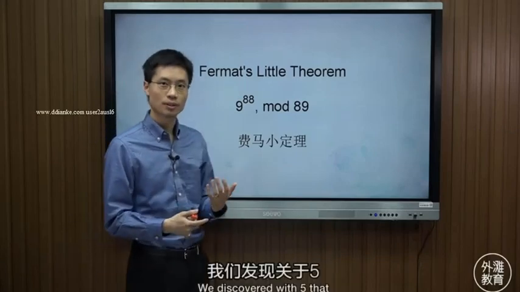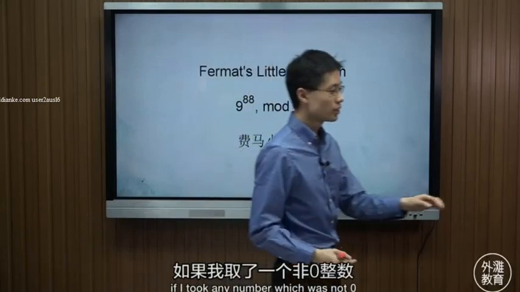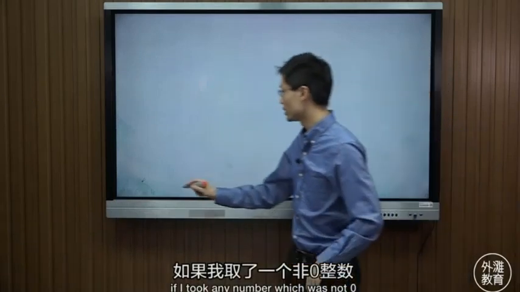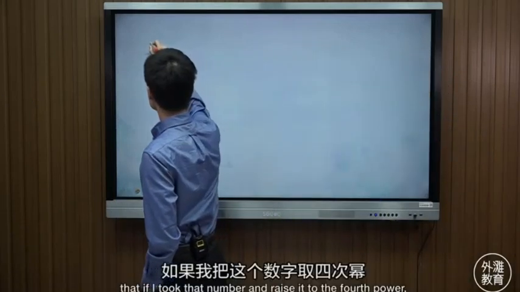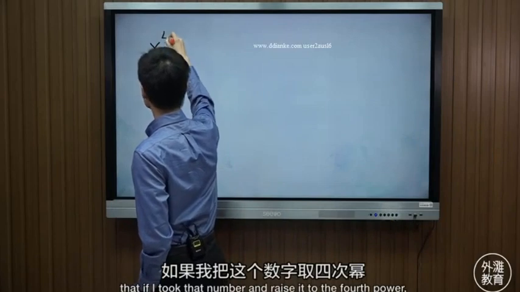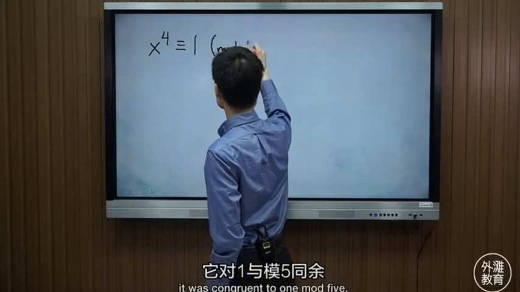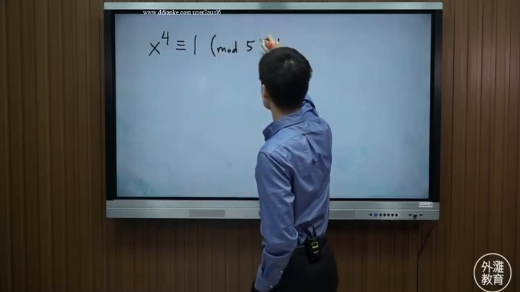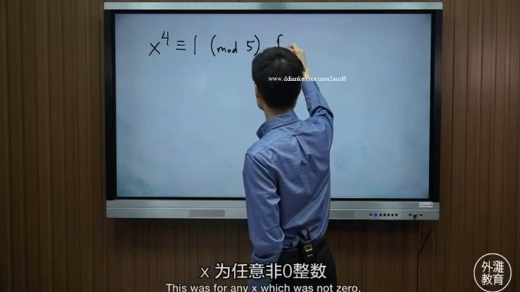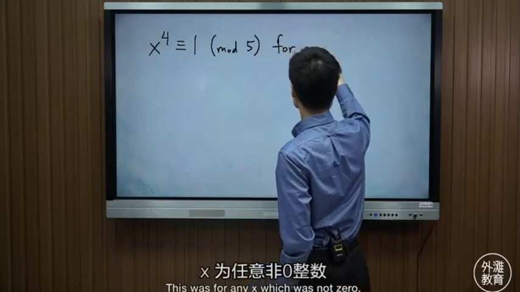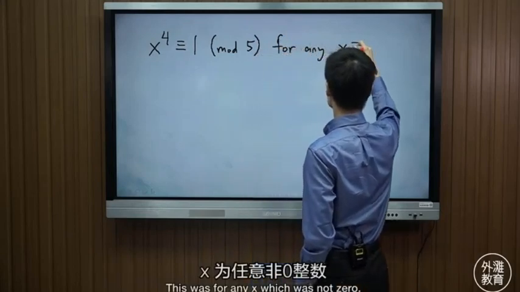We discovered with 5 that if I took any number which was not 0, and raised it to the 4th power, it was congruent to 1 mod 5. This was for any x which was not 0.